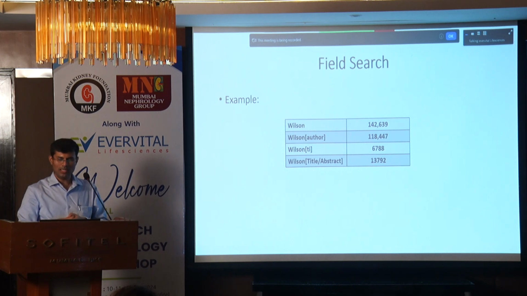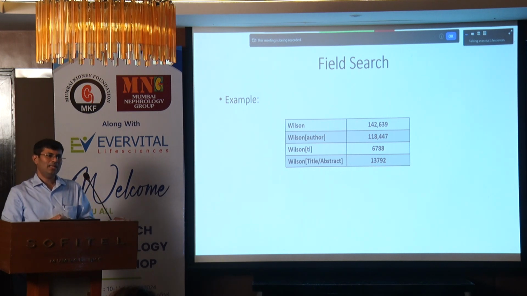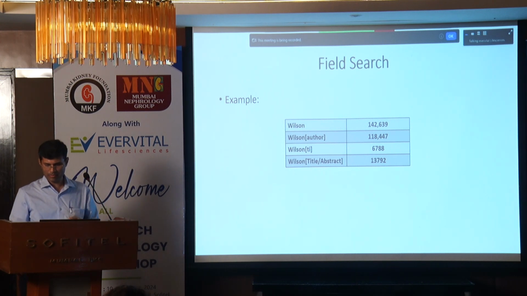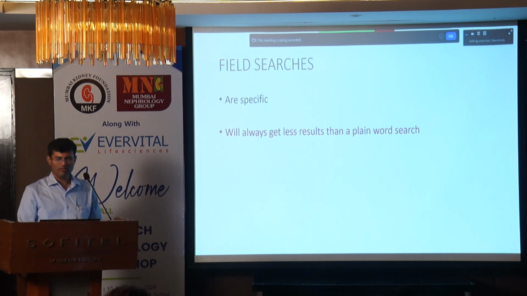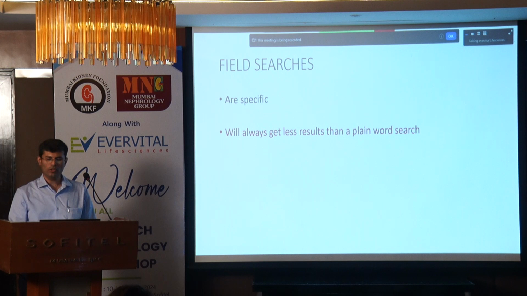I get 6,000 articles. Then I say not only title but abstract also has to have that. So I write title/abstract and I get many more citations. So we can use field searches for that. Field searches are quite specific and we always get fewer results than a plain word search.